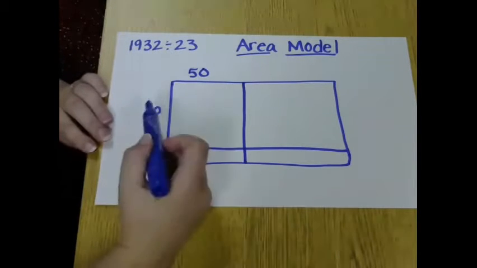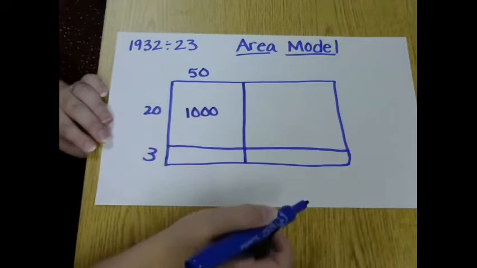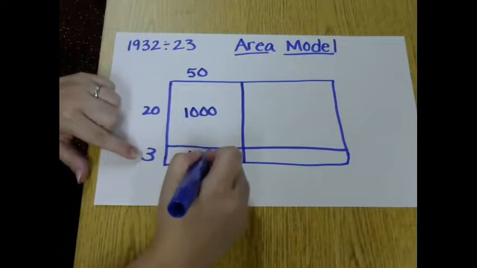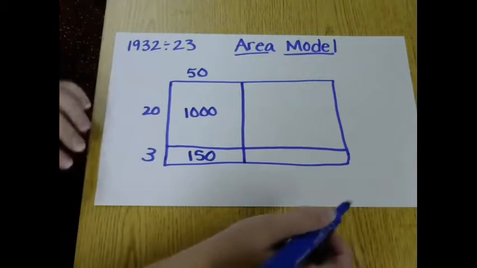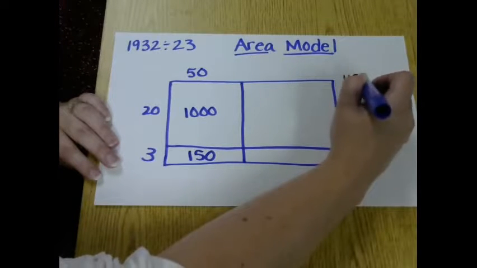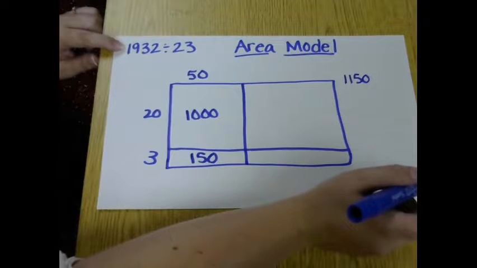Maybe not. 50 times 20 is 1,000. And 50 times 3 is 150. So off to the side, I'm going to keep a running tally. I've got 1,150 used up so far, but I'm still trying to get all the way to 1,900.